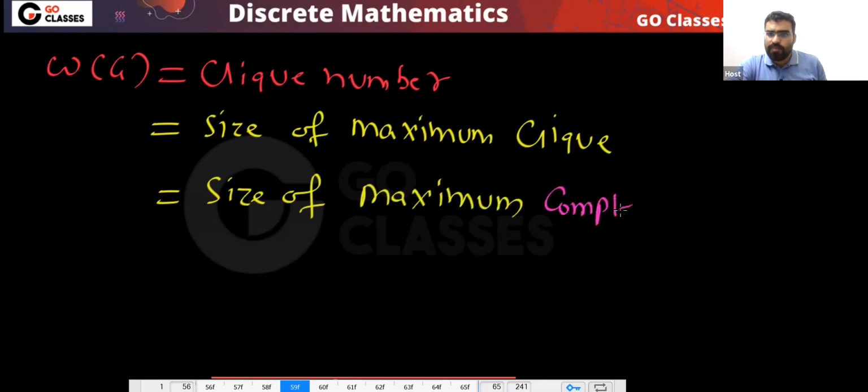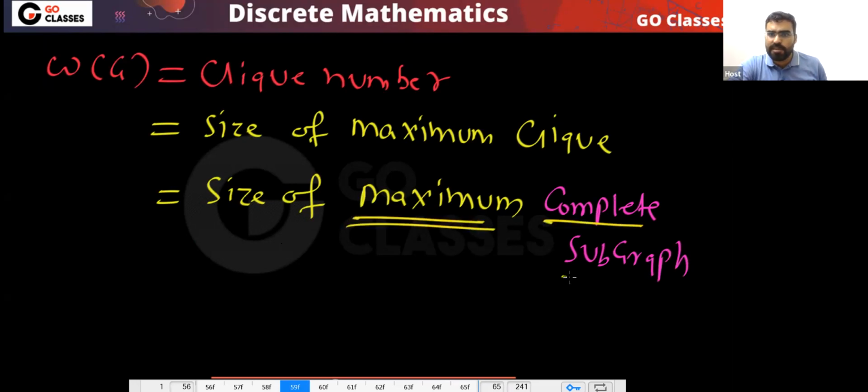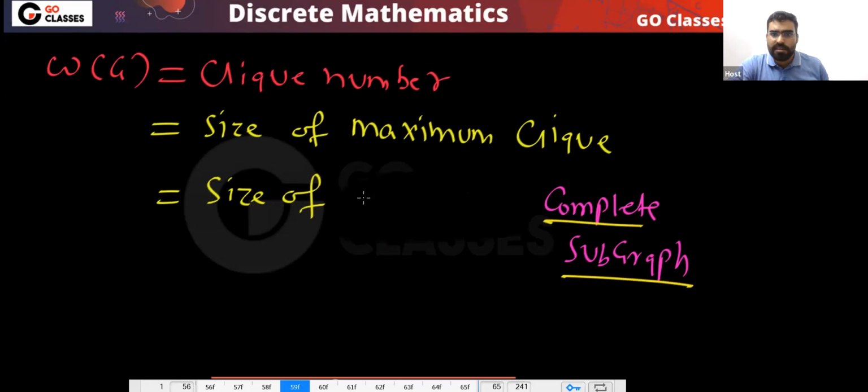It is the number of vertices in the largest complete subgraph that you can create. Yes, a single vertex is a clique because there is no violation.